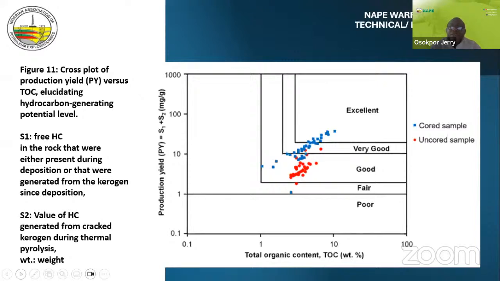Because if you look at the work of previous authors, they have seen that the shales of the Agbada Formation are not stratigraphically thick enough to source the volume of hydrocarbon we have in the Niger Delta Basin.